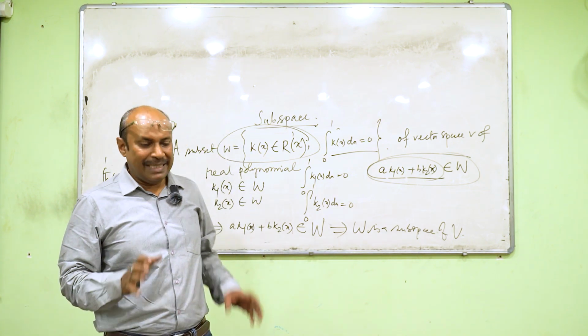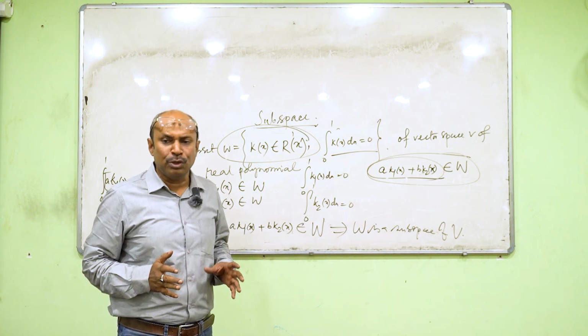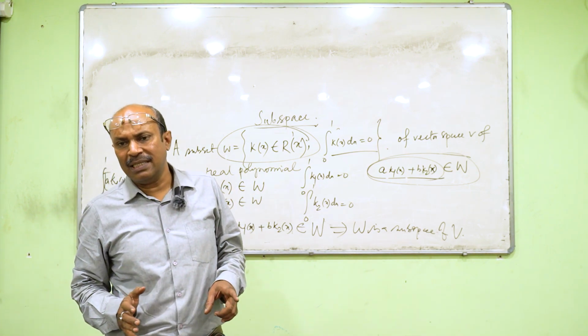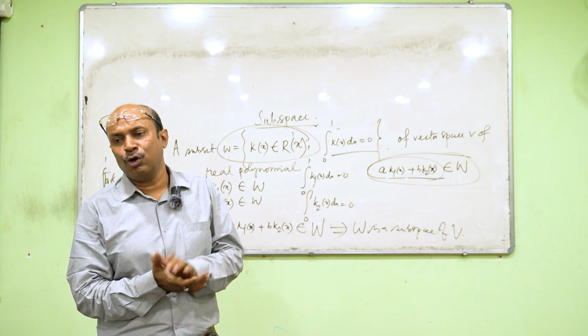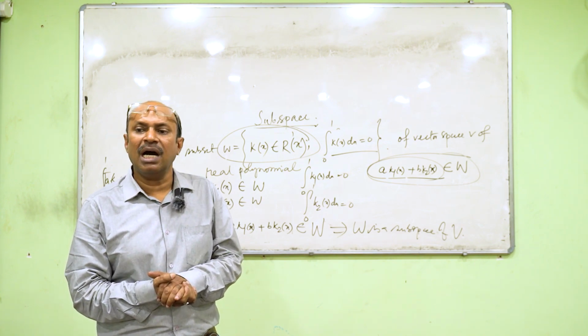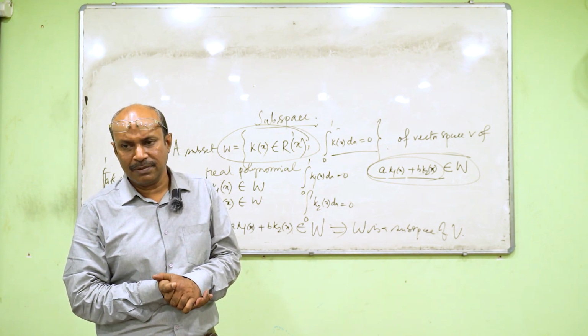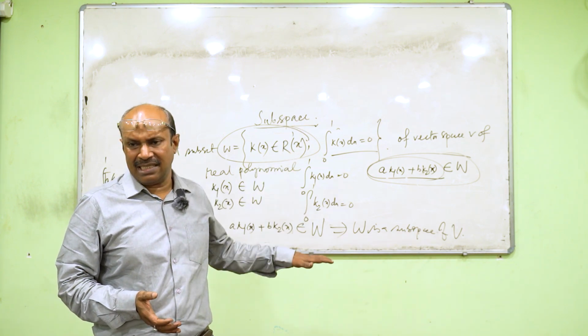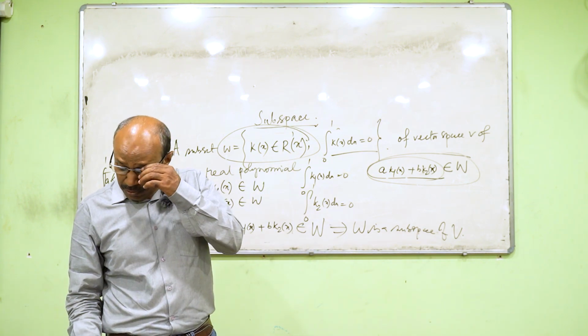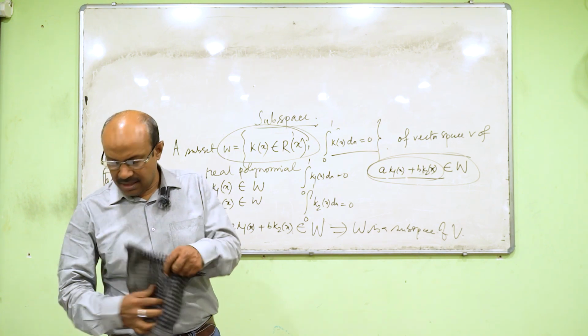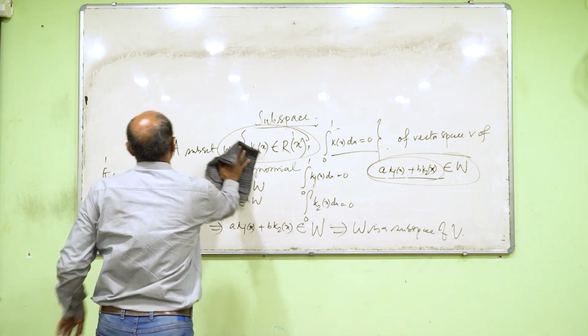If we see that the linear combination also belongs to the non-empty set, then we conclude that the non-empty set is a subspace. We see that in all three cases, it is the same procedure.